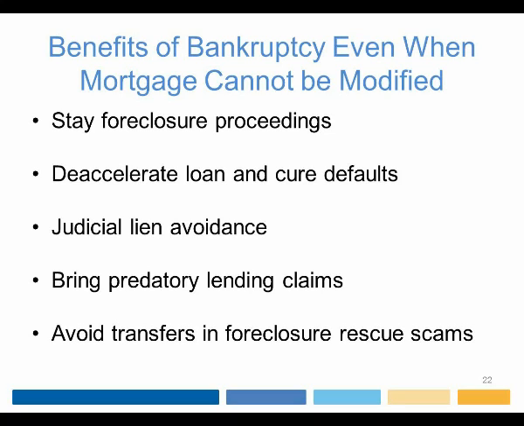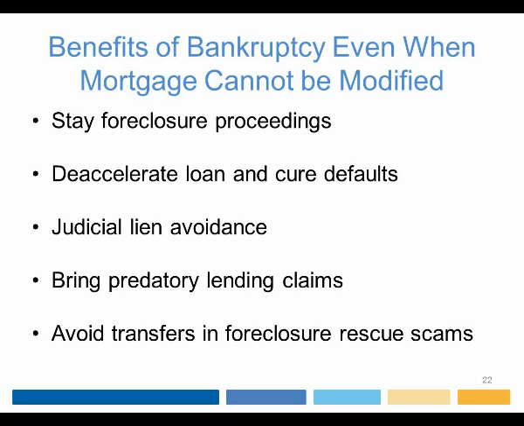The other one, of course, I talked a little bit about this, is a very powerful remedy that the consumer has, which is to be able to file a plan where they can de-accelerate any acceleration of the mortgage by the lender and cure a default. There's judicial liens that can be dealt with by avoiding those if they impair the consumer's exemption in the property. There's the possibility of bringing claims in the bankruptcy case, predatory lending claims.